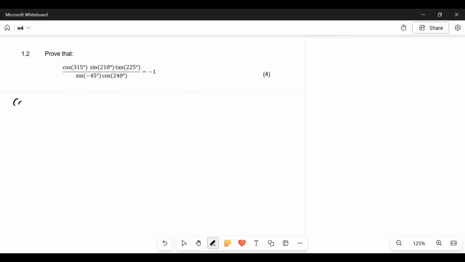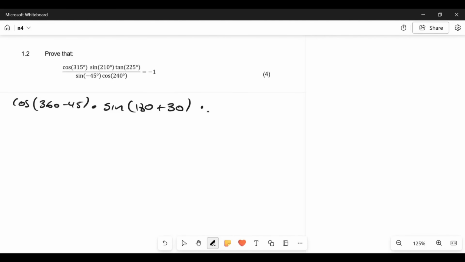We can write cos(360 - 45). Cos(360 - 45) gives us 315 degrees, right? And then we multiply. We have sine 210. We can write sine(180 + 30) degrees, right?